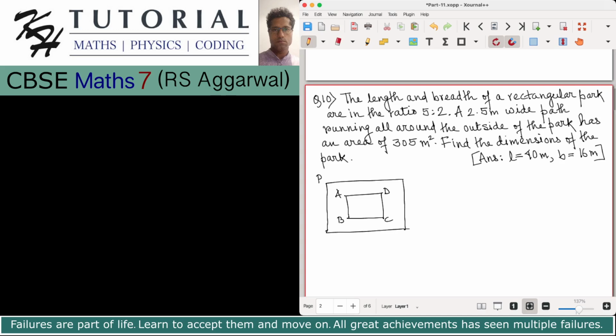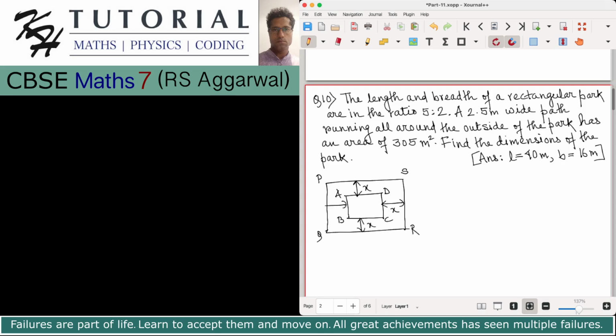So PQRS is the outer boundary of the path, and obviously ABCD is the inner boundary of the path. If I assume the width of the path to be x, then these are all x.